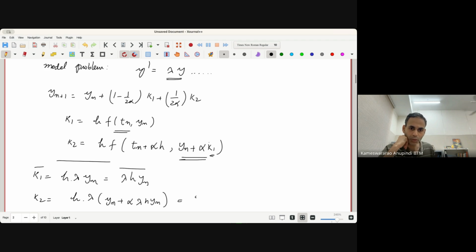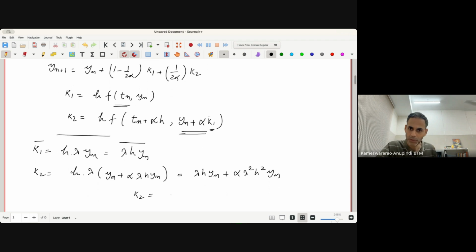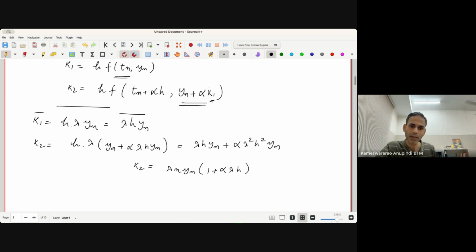That means this is equal to lambda h yn plus alpha times lambda square h square yn. Okay, that means my k2 is equal to lambda h yn times 1 plus alpha lambda h. Okay, so that is my k2.